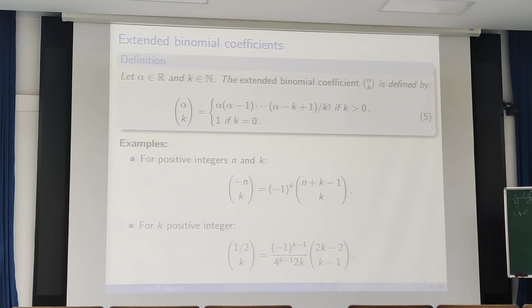Okay? And now you can see that this is exactly here, so you can write this as 2 here, and if you put 2 outside, then you get 4 to the power k minus 1. So I leave the rest to you to go from this expression to the expression on the right hand side here.